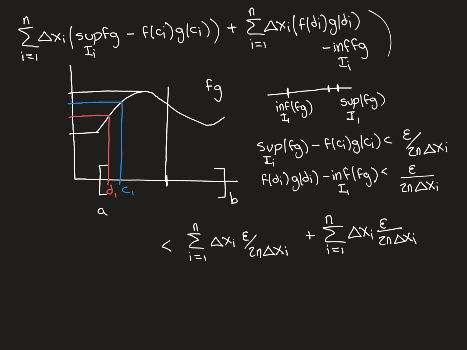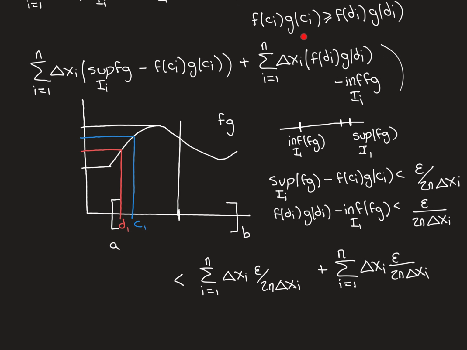So if you pick your C points and your D points according to the specifications that I have laid out, and I hope you believe my explanation that it is always going to be possible to pick C and D points that obey all of those specifications, then this whole great big sum that we have here, we can make a conclusion about how big it's overall going to add up to, and that is that it's going to add up to something that is less than the sum from i equal to 1 to n of delta xi times, and now we're using this inequality here because each of these things here is less than its respective size here.